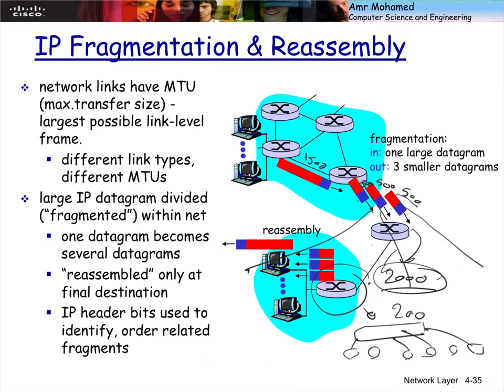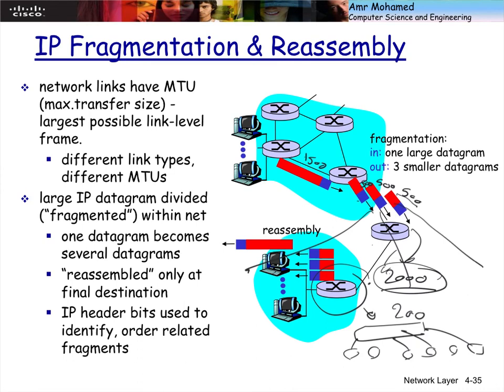Based on what? Based on the identifier. So the identifier is needed for facilitating the fragment reassembly, not to provide any kind of reliable data transfer, like in the case of TCP. It's not made for this.